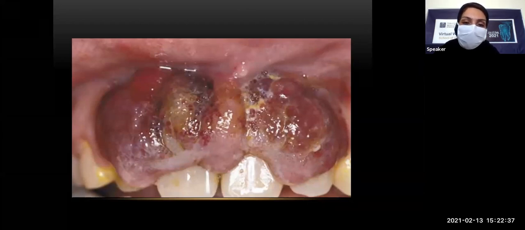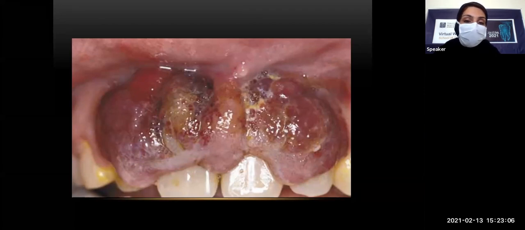You see in this slide generalized gingival hyperplastic areas in the anterior area of the maxilla. And this slide is a typical, common view of leukemia appearance in the oral cavity.